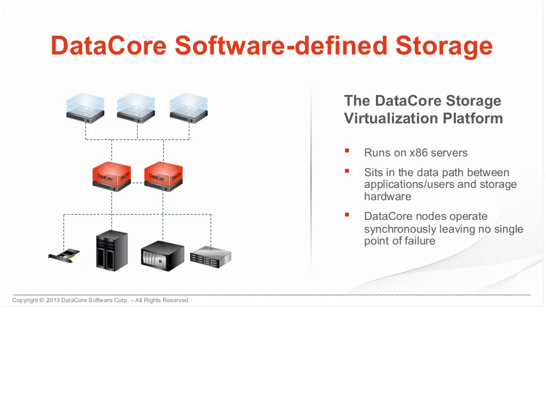And DataCore SANsymphony-V is a piece of software running on a PC server. And here illustrated by the two red boxes in the middle. Typically, you deploy DataCore with one, mostly two or more nodes. And that is to achieve the redundancy that we can do. And we do that by constantly mirroring the data between the two nodes.